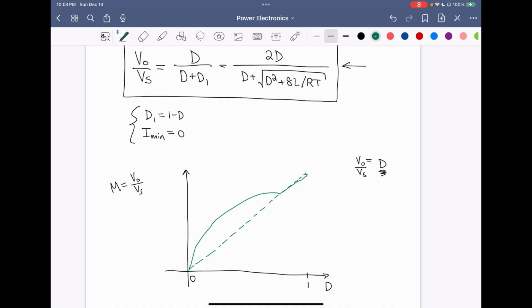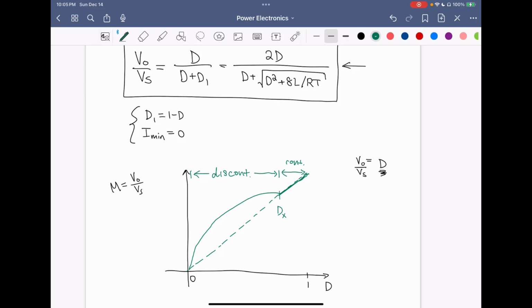So for this example, we have discontinuous current operation from a duty cycle of 0 up to some duty cycle, let's call it Dx, and then continuous operation from Dx all the way up to 1.